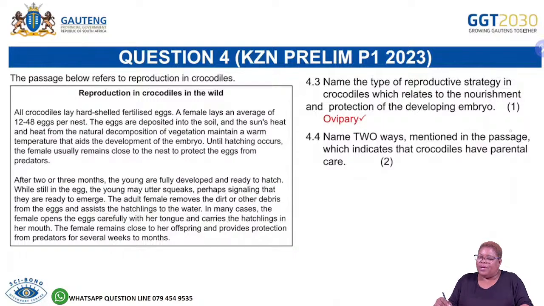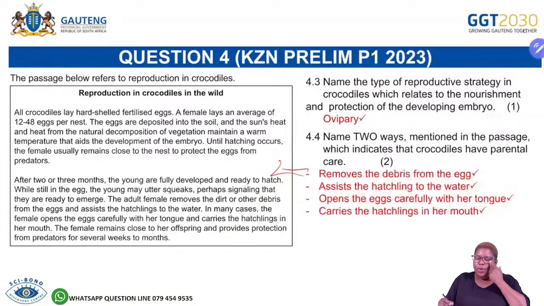Name 2 ways mentioned in the passage. You go back to the passage. 2 ways that are mentioned, which indicate that crocodiles have parental care, right? Now, those ways come from the case study that was given.